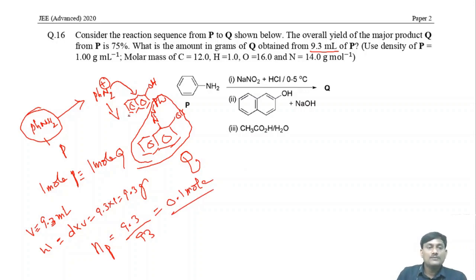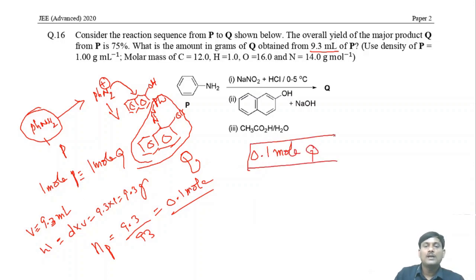So how many moles of Q will be formed? For 1 mole there is a formation of 1 mole of Q, so 0.1 mole of Q will be formed when the reaction yield is equal to 100%.